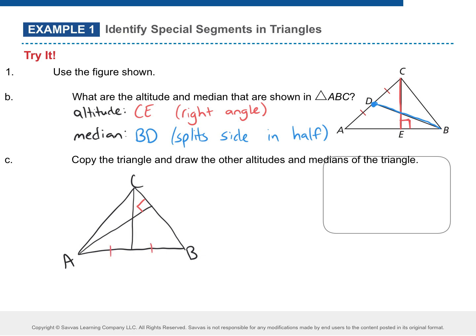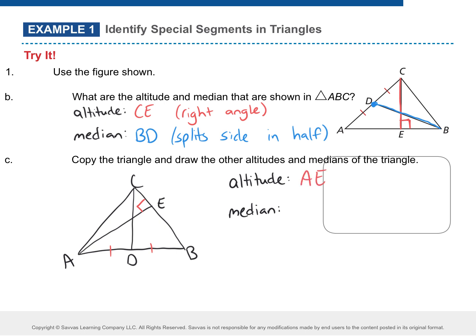Label the new altitude and the new median off of that picture that I just drew. What is the altitude of this triangle? Oh, I forgot to give you letters, didn't I? Now what's the altitude?